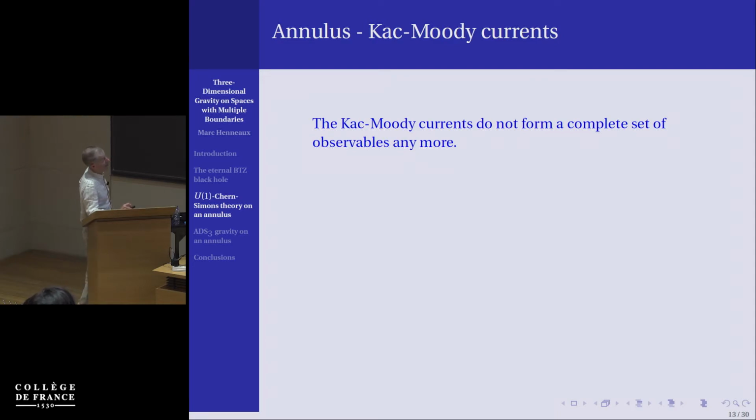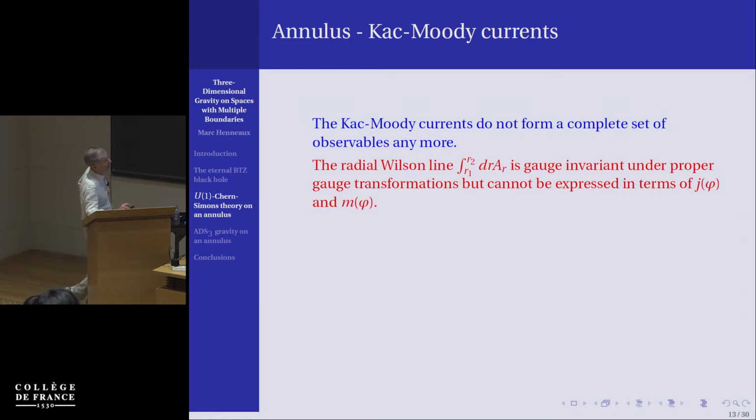But they cannot be expressed in terms of the boundary field. So they are extra degrees of freedom, and it can be identified easily as a radial Wilson line. So the integral of the vector potential along a line that joins the two boundaries.